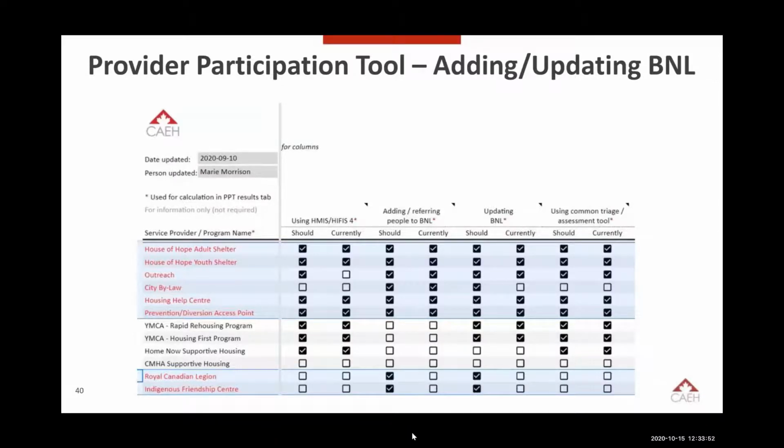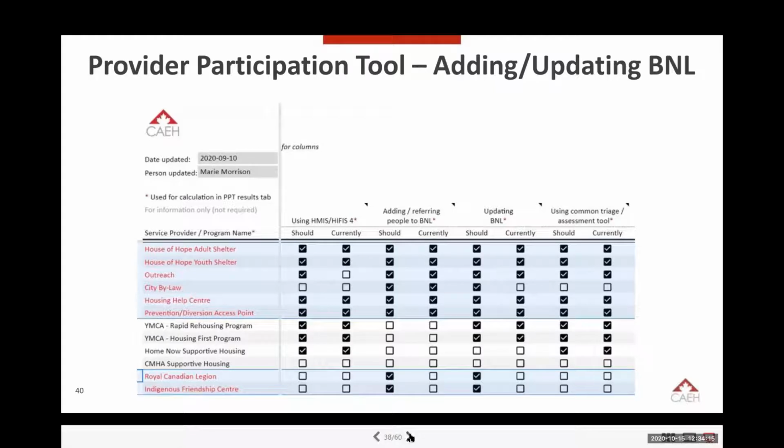This community has also identified that they are in process of engaging the Royal Canadian Legion and Indigenous Friendship Center. These are other response providers without a direct mandate around ending homelessness. But in this community, they've been identified as important to engage, but perhaps they may look at this as a phase 2 kind of approach, or they may identify that these are really key in their community to engage right away.